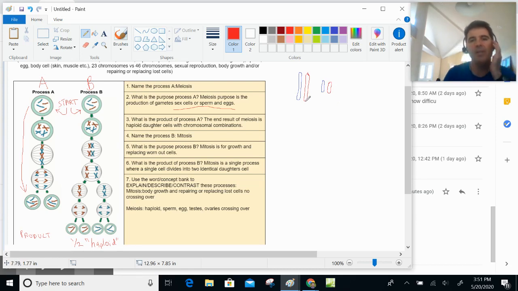The reason I'm showing you that is because this is pairs, right? There are 2 pairs. And if you have pairs, we call that diploid. Diploid means double.